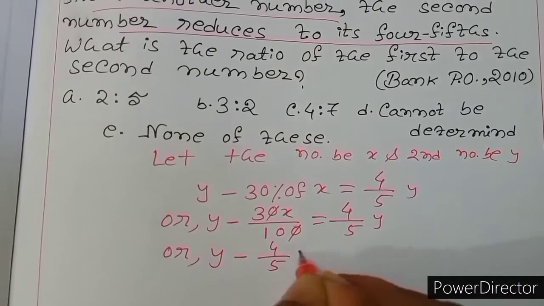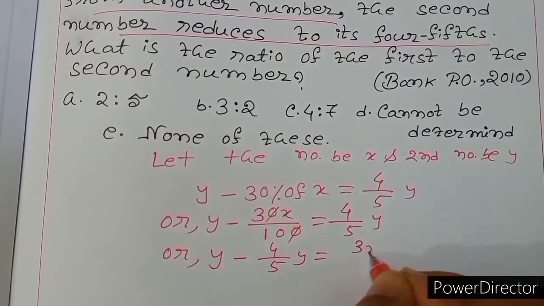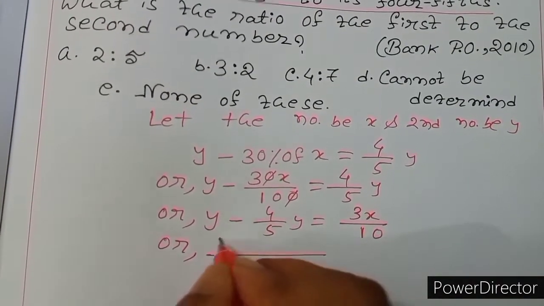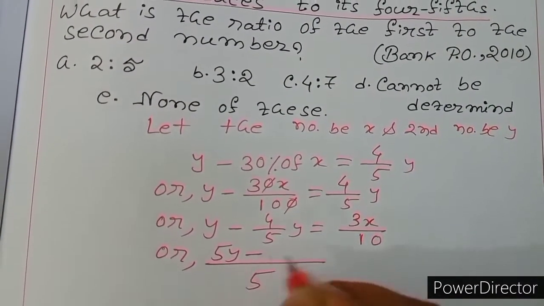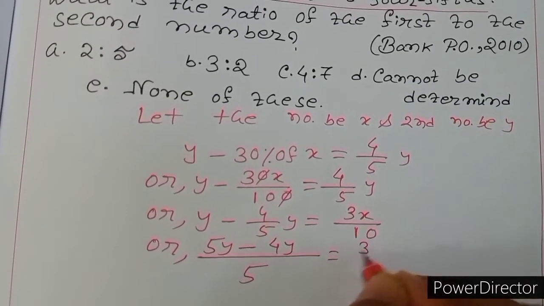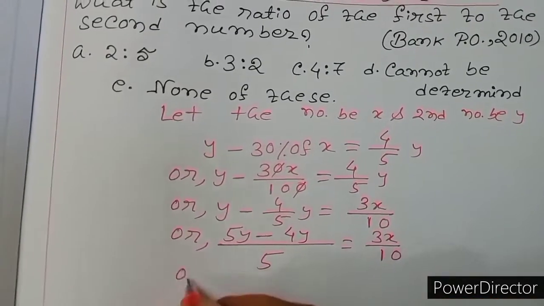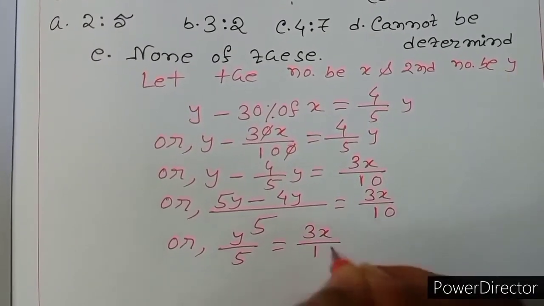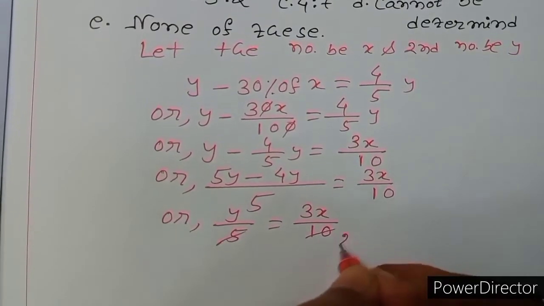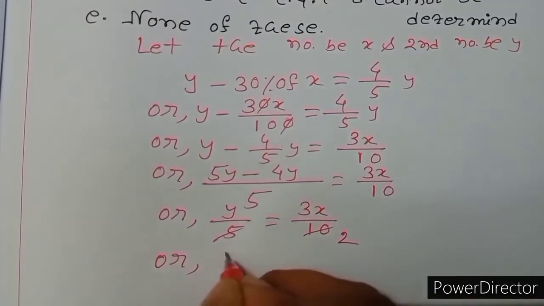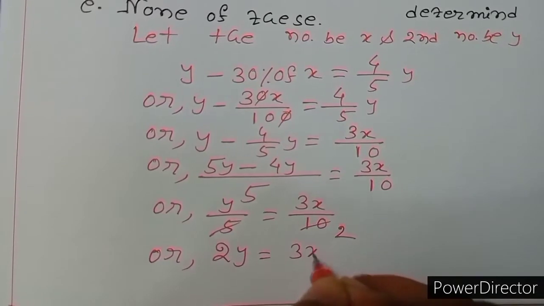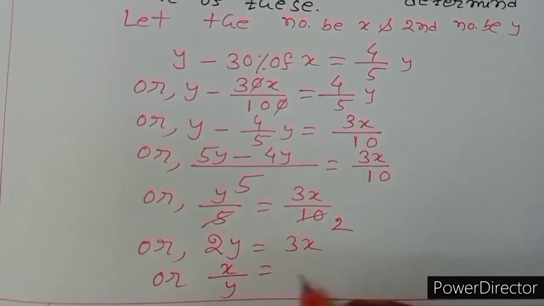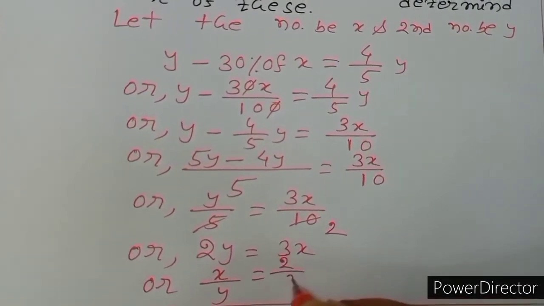Y minus 4 by 5y equal to 3x by 10, or 5y minus 4y equal to 3x by 10, or y by 5 equal to 3x by 10, or 2y equal to 3x, or x by y equal to 2 by 3.